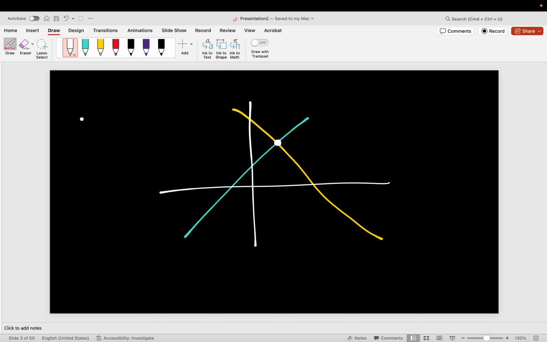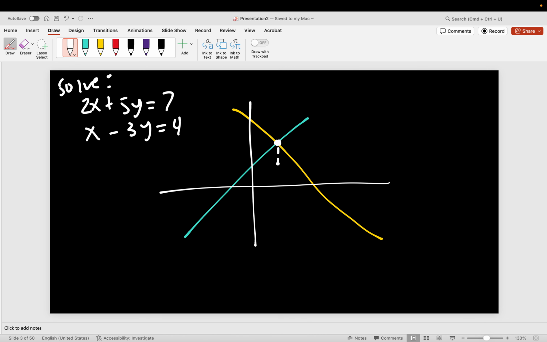So when I have some equations, 2x plus 5y equals 7 and x minus 3y equals 4, and I ask you to solve the system of linear equations, essentially what you're being asked to find is the point where they intersect, if they intersect. Not all linear lines will intersect, but if they do, you're being asked to find the place where they intersect.